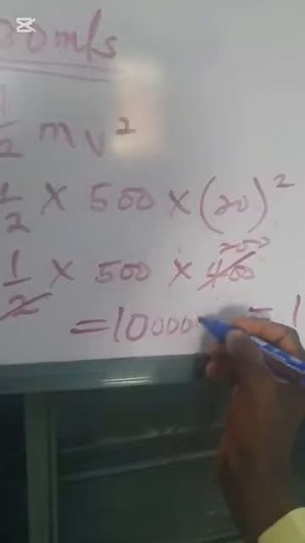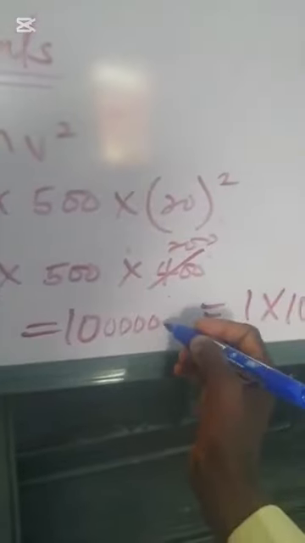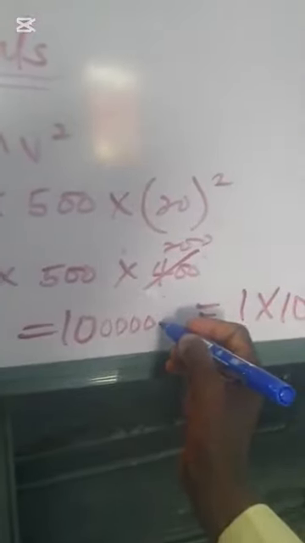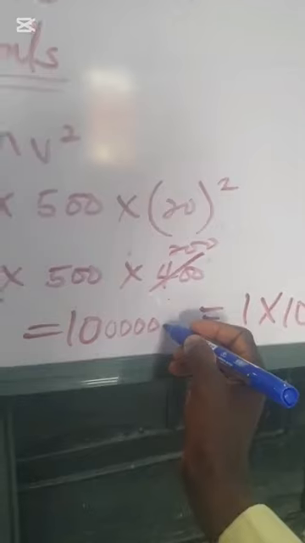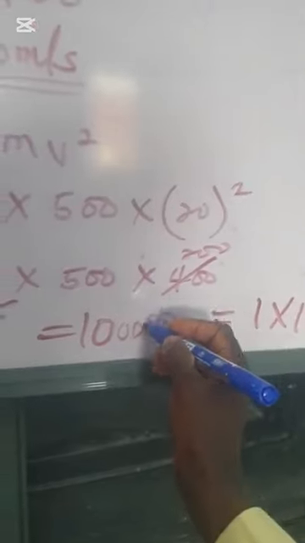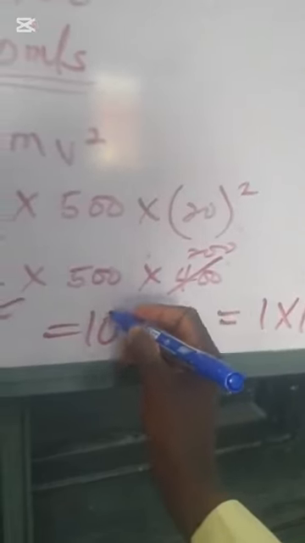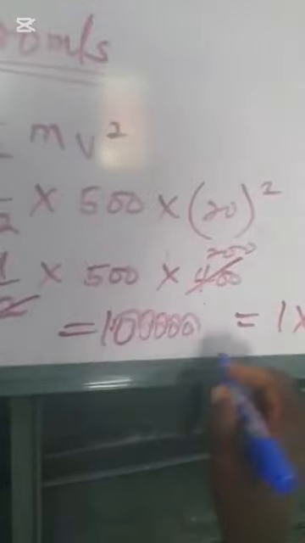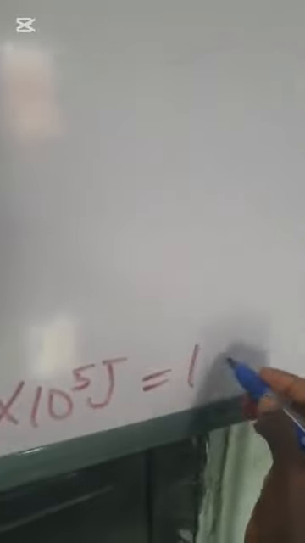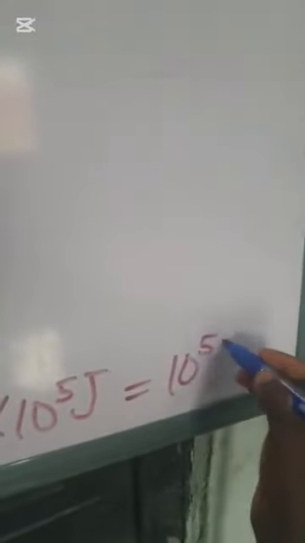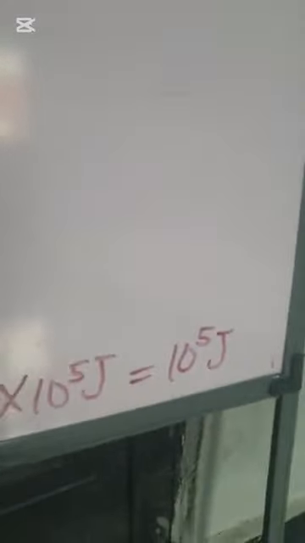So now we want to get our result in standard form. Counting here 1, 2, 3, 4, 5, that is 1 times 10 raised to the power 5 joule, which is equal to 10 raised to the power 5 joule. And that's our final answer.